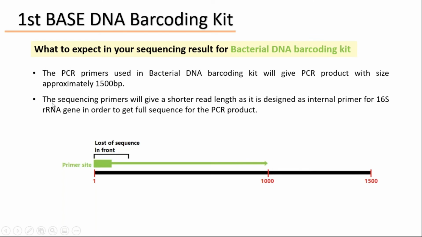In a sequencing result, there is an expected loss of the sequence in the front part after the priming of the primer and sequencing. It will read up to around 1 kb only. You can see from here, so usually there is some loss from this side.